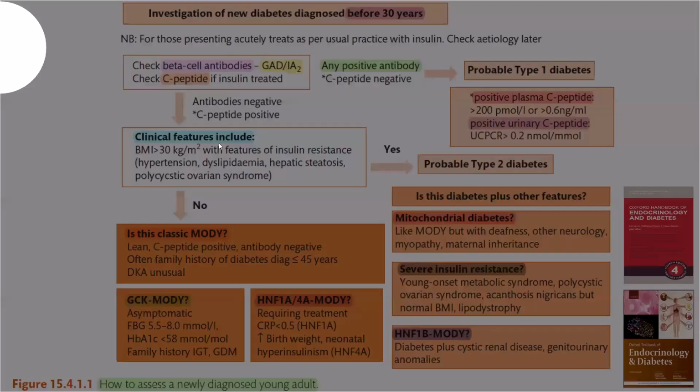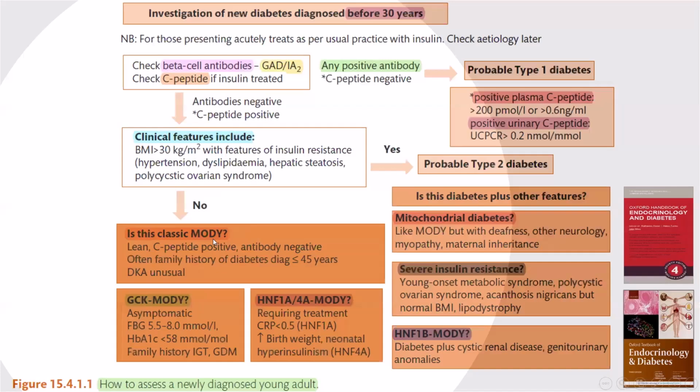If we have clinical features including obesity, insulin resistance, hypertension, dyslipidemia, hepatic steatosis, and polycystic ovary, it is probably type 2. Otherwise, we should search for classical MODY. The classical picture of MODY is lean, with positive C-peptide, negative antibody, strong family history of diabetes diagnosed in the young, and of course, DKA is unusual.